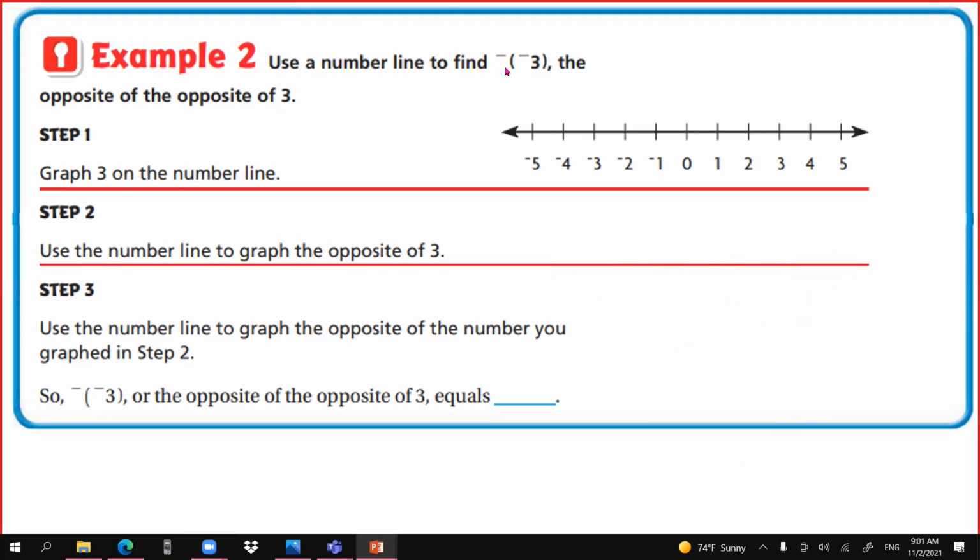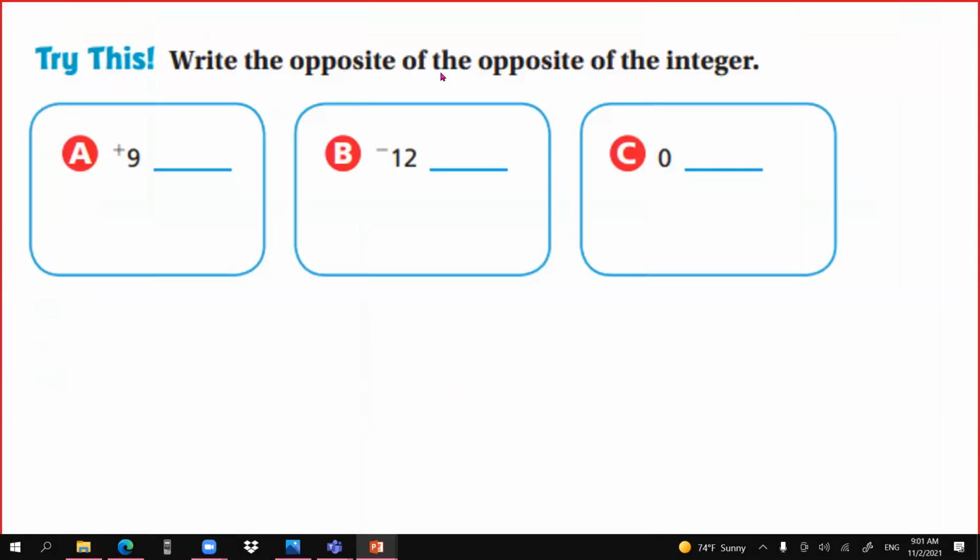Got it now? Okay. Now, this one. Write the opposite of an integer. What is the opposite of 9? Fatima.